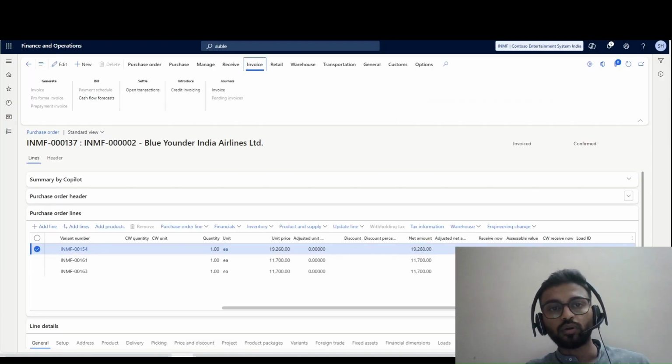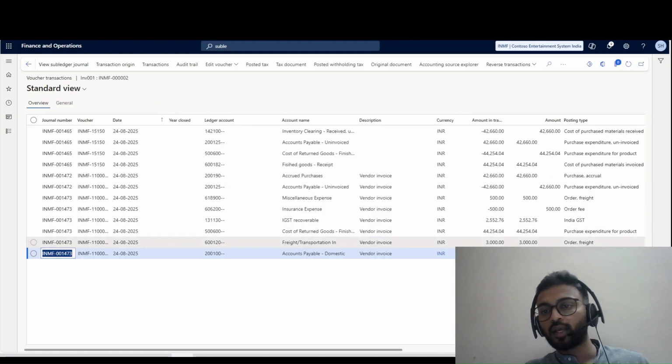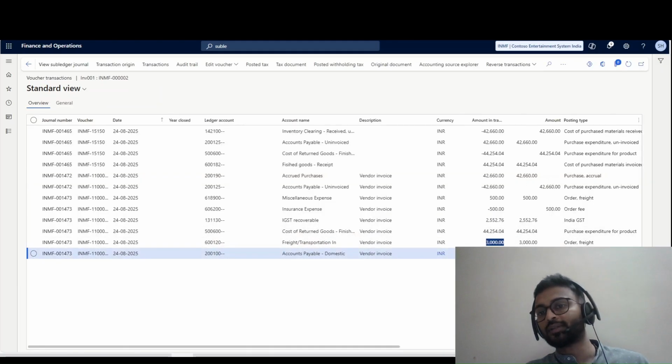So what I will do, I will go into the invoice, in invoice journal. I'm going into the voucher. In voucher, you can see that this 3,000 is there, and my vendor balance is added with this 3,000. So this is the ultimate impact of the charges.